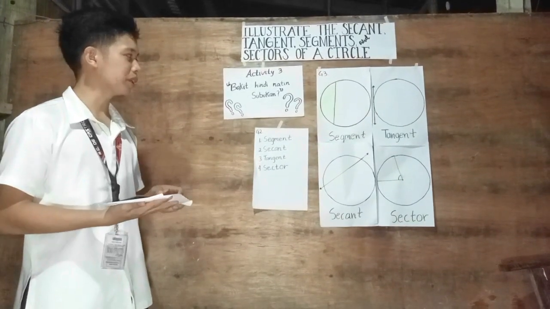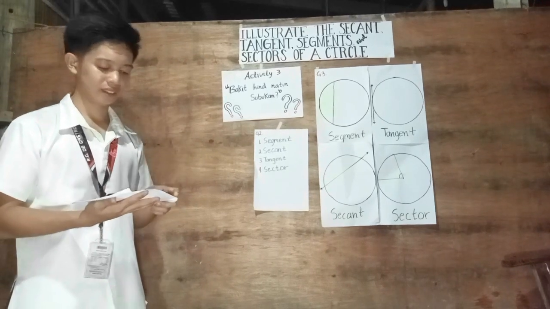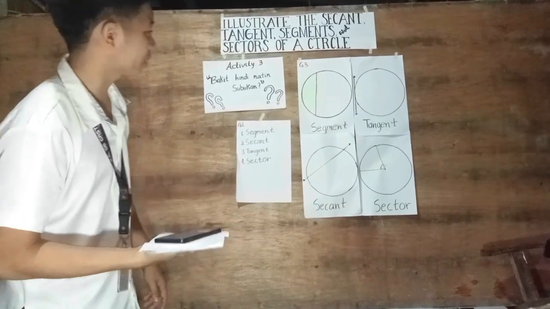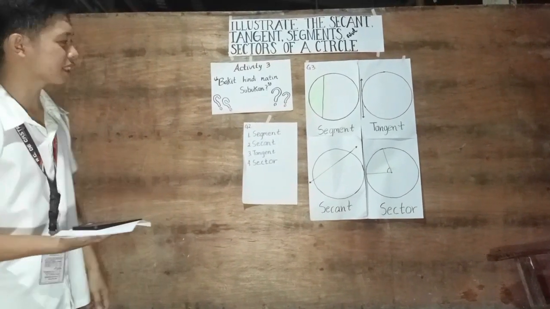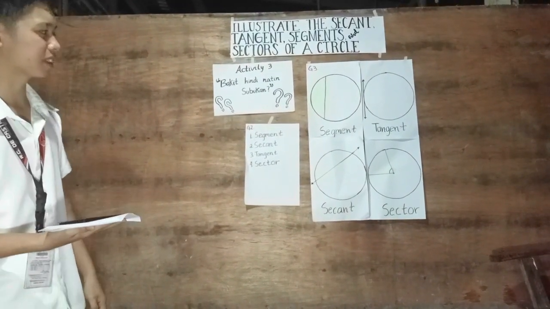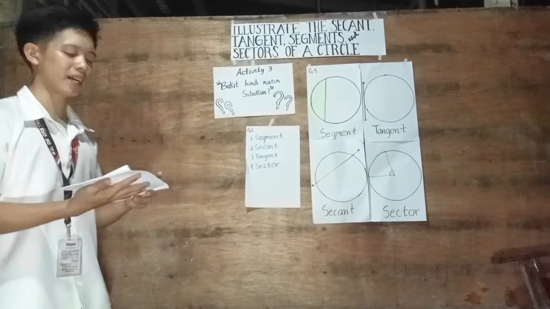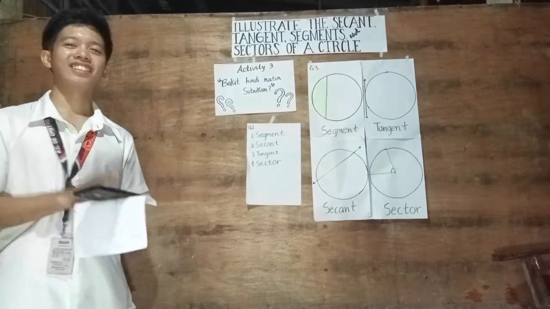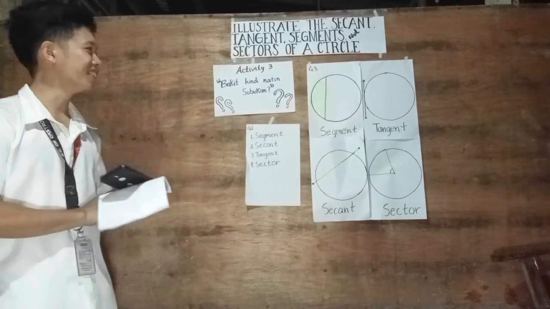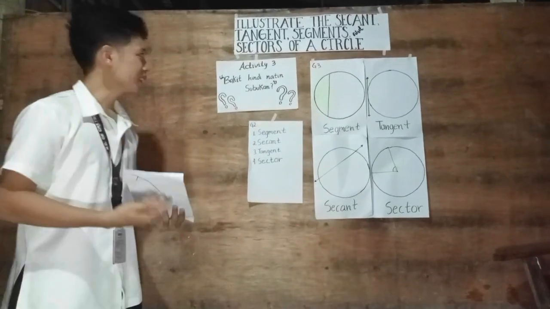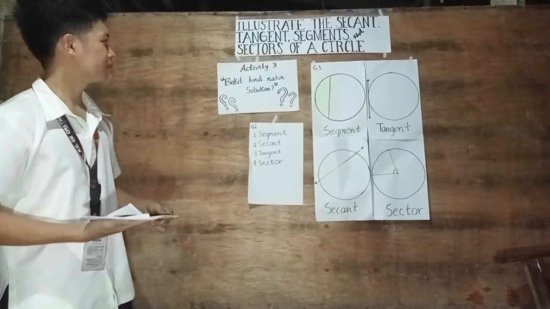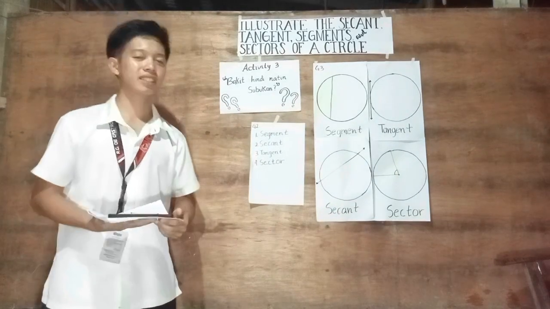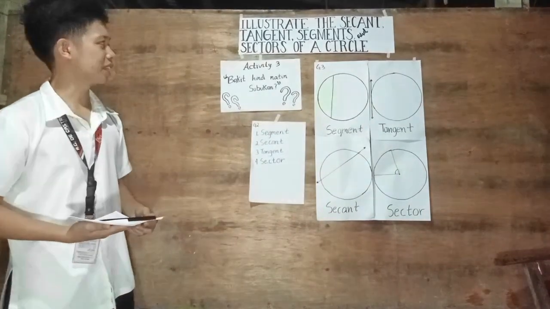So for group number 3, create. What you did is correct if you really made a segment, secant, sector, and tangent of a circle. A round of applause for everyone. Very good.